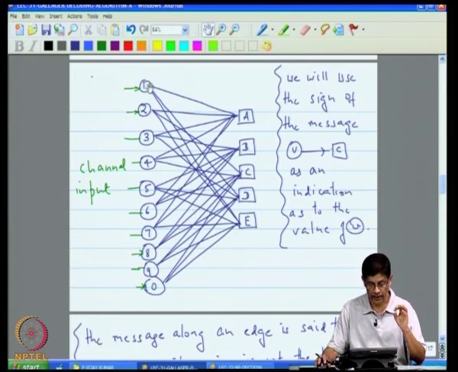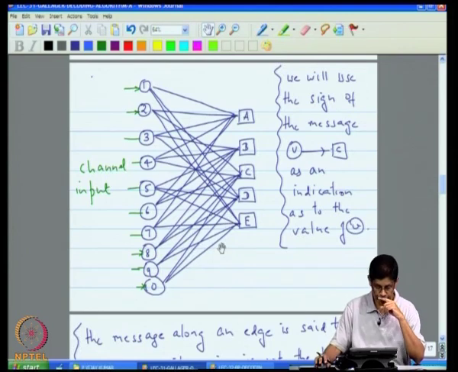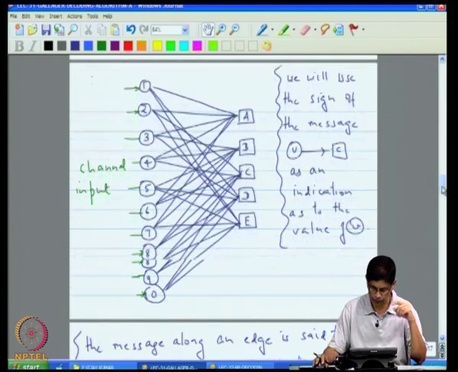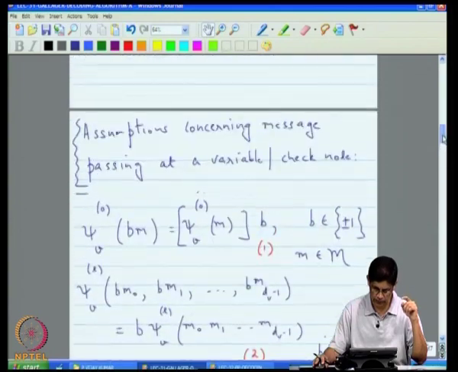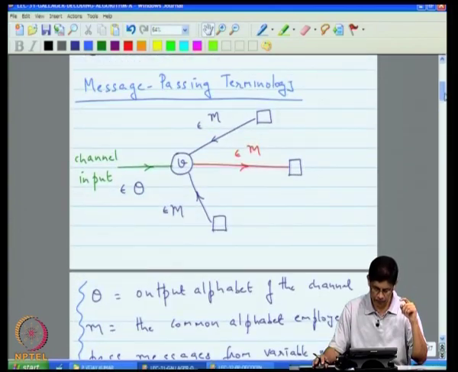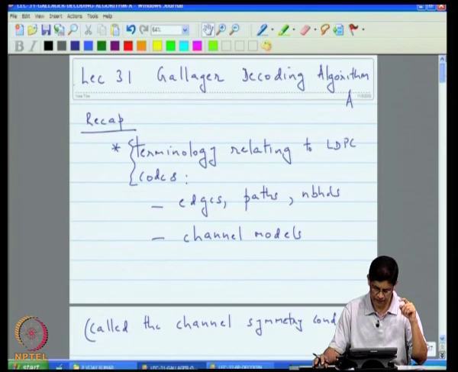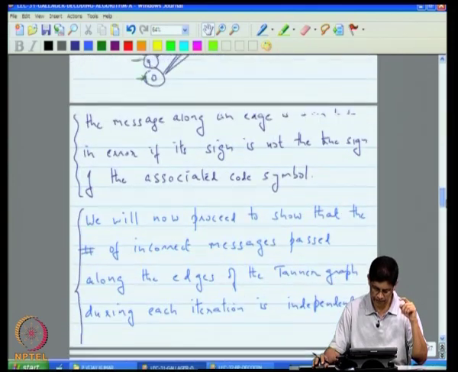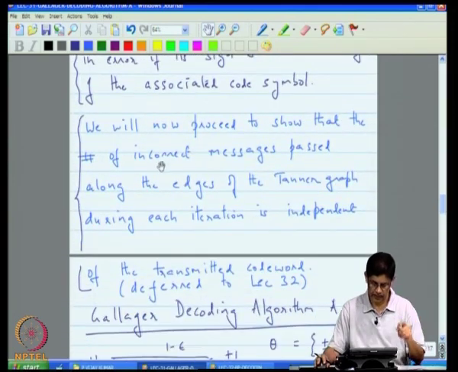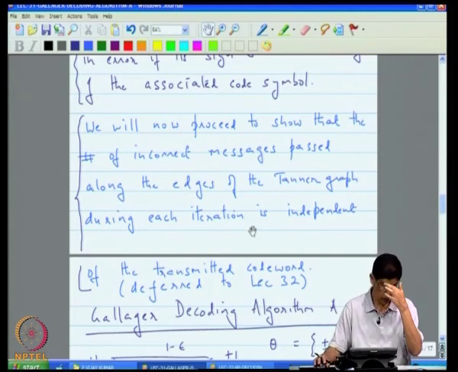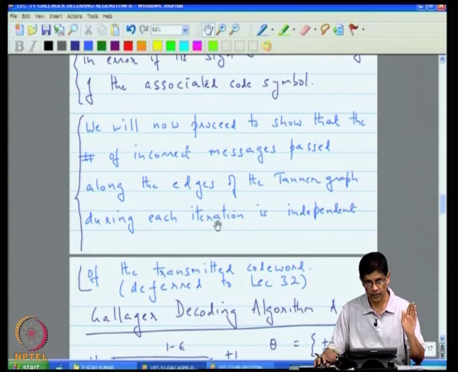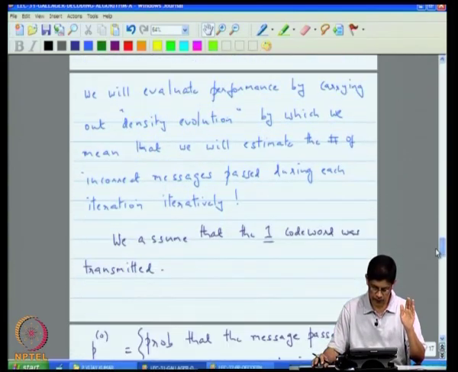Keep another thing in mind, although we have not actually proven it yet and that is yet to be shown: the performance analysis, in terms of the number of errors made in the decoding algorithm, is actually independent of the transmitted codeword. So, for convenience, we will assume that the all one codeword was transmitted.